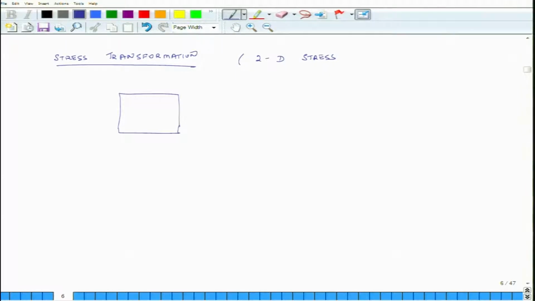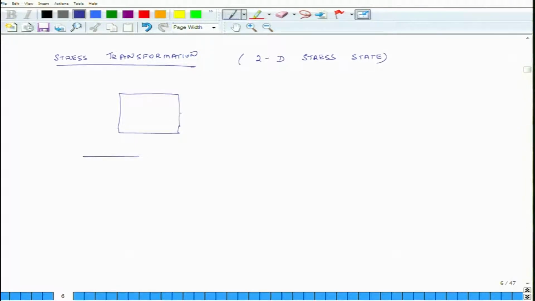So, we do not have to worry about the third direction. So, 2D stress state. So, this is a thin lamina or thin layer, it could be metal or composite unidirectional lamina or whatever, it does not matter, and it is having a two dimensional state of stresses.